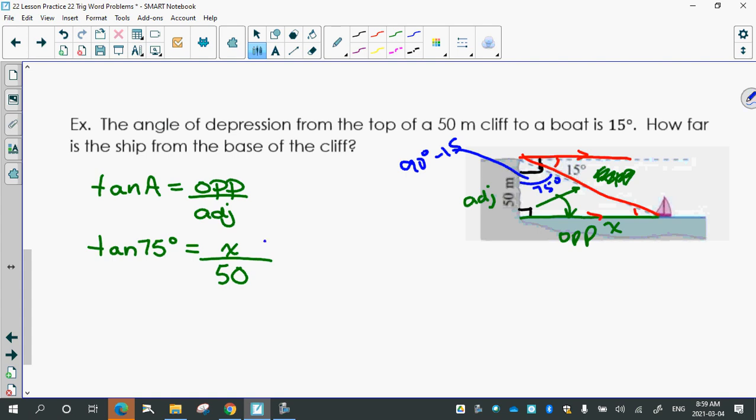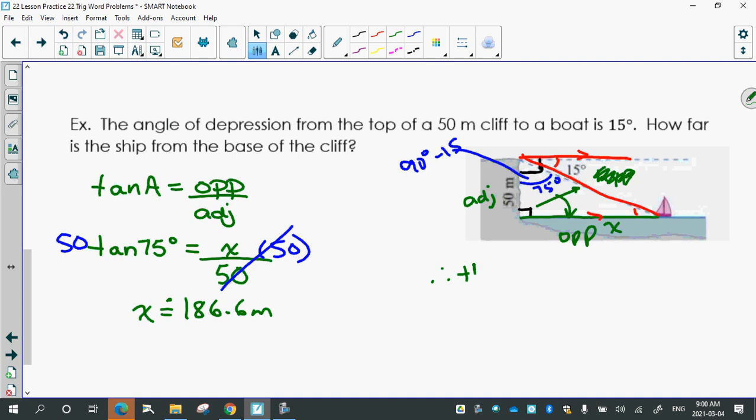Multiply by 50, yes. So that's going to give me x equal to... And then just make sure it doesn't say how to round. Often word problems will say, but this one doesn't, so I just use one decimal place. 186.6 meters.